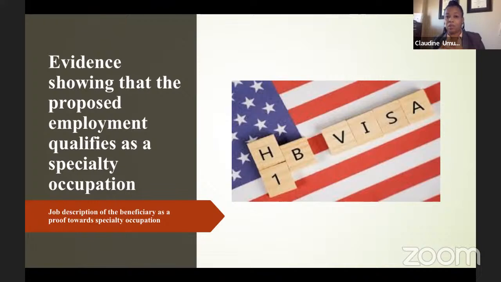The job description is very key, and it has been a source of so many denials, so many requests for additional evidence, even litigation. It has been an issue. The job description is key because the job title, they don't care about the job title.